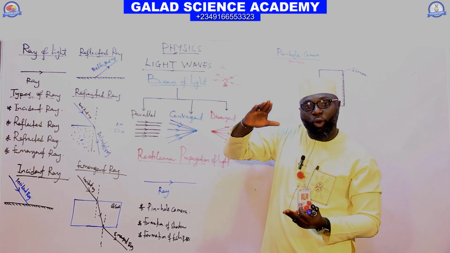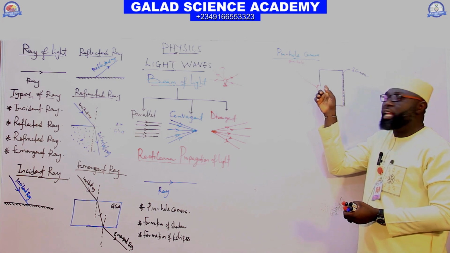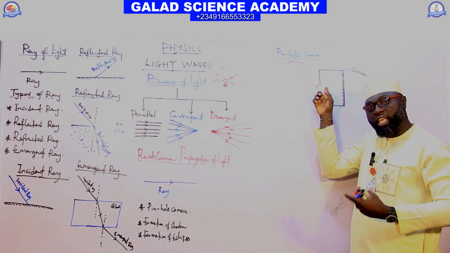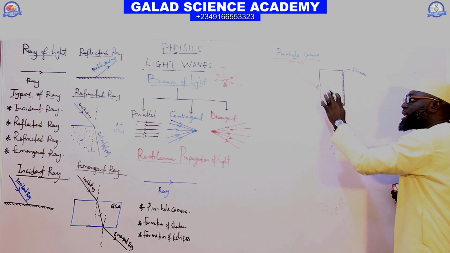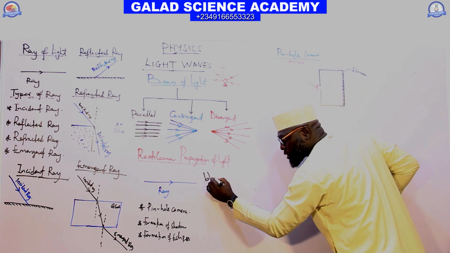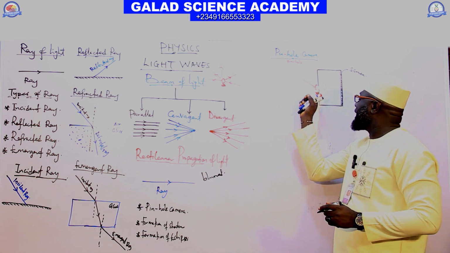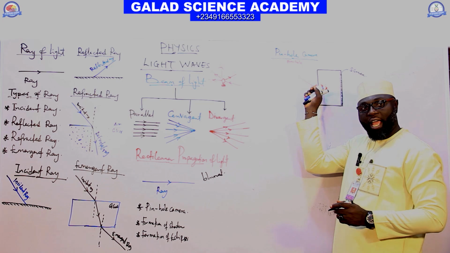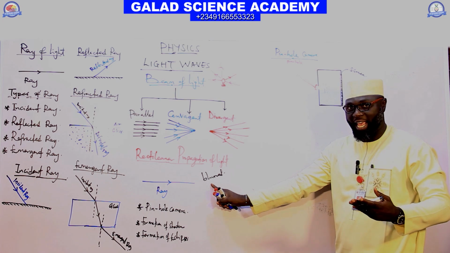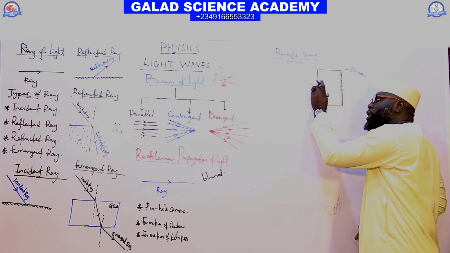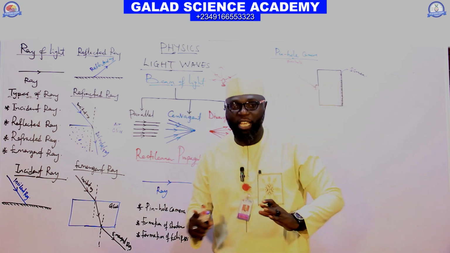The larger the size of the hole, the more the image will be blurred. If the size of the hole is big, the image formed will be blurred. The image will not be sharp and it will not be clear. But when the hole is small, it will give us a sharp and clear image.